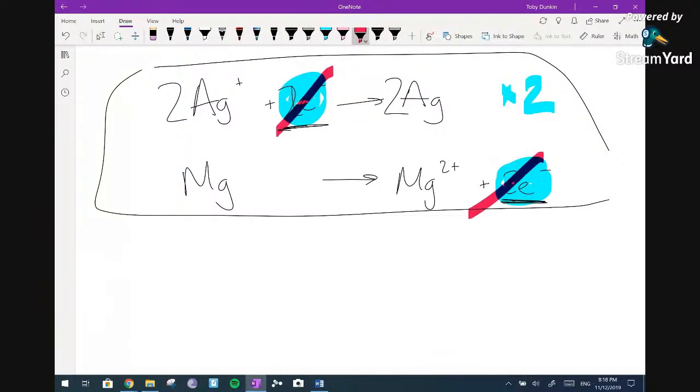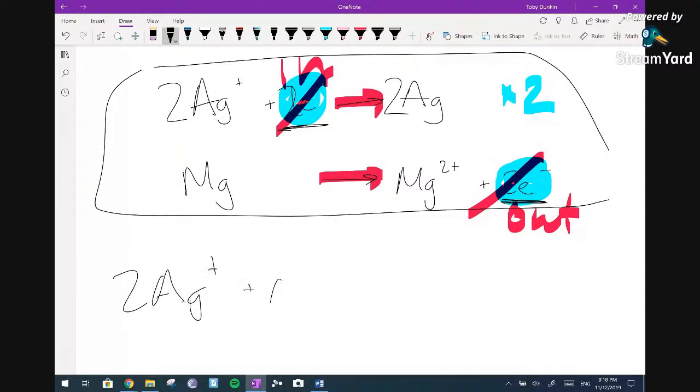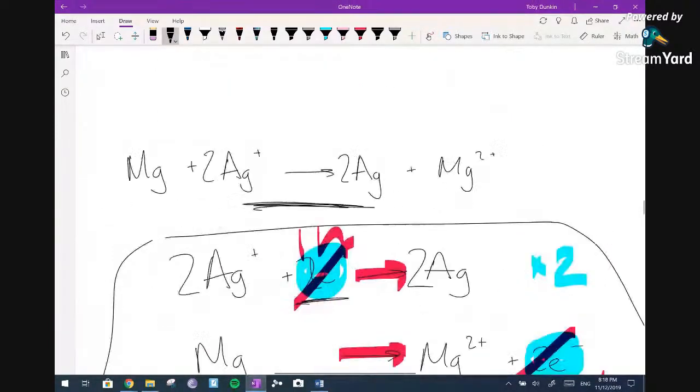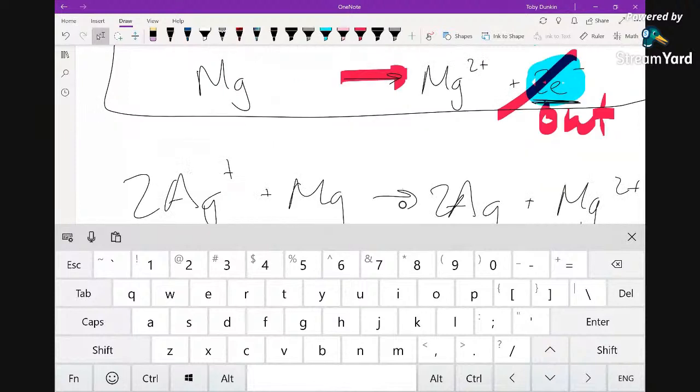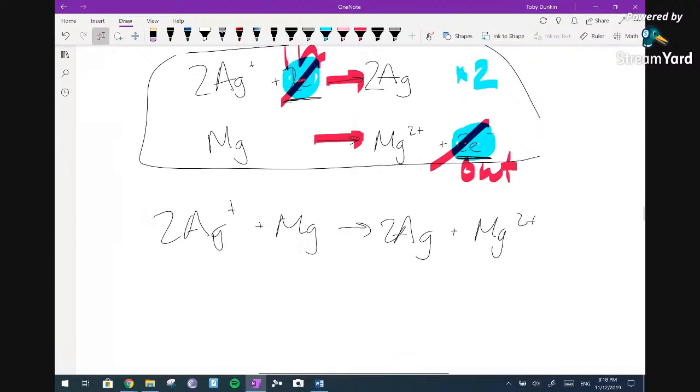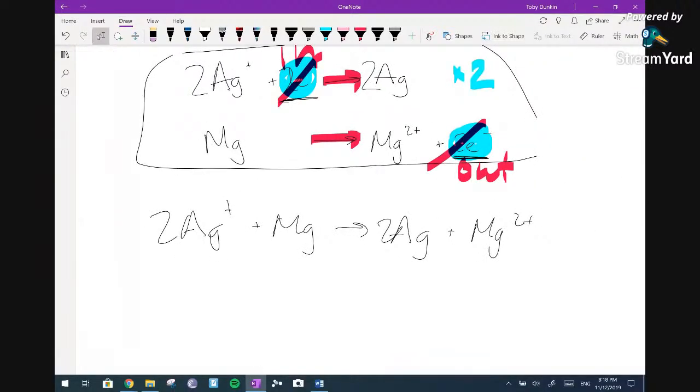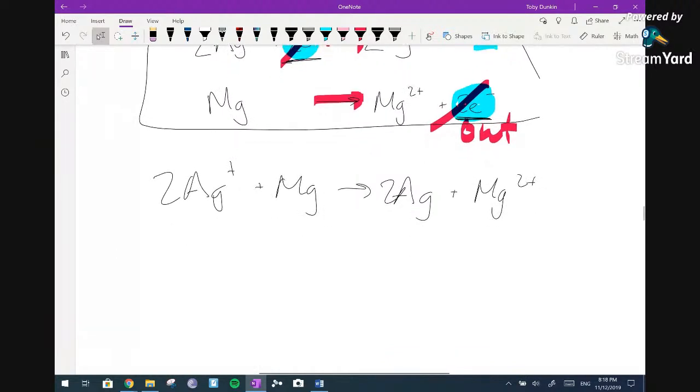They cancel out because they're on opposite sides of the arrows, and I get 2Ag plus Mg goes to 2Ag and Mg2 plus. And that was back to my original equation. So it's nice to see that. Those exercises do need practicing, and I will give some more GCSE questions for you guys to practice.